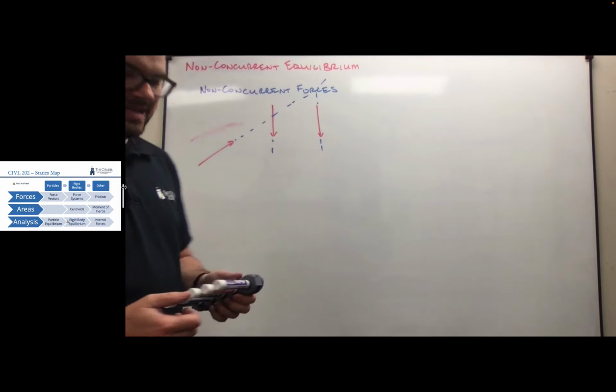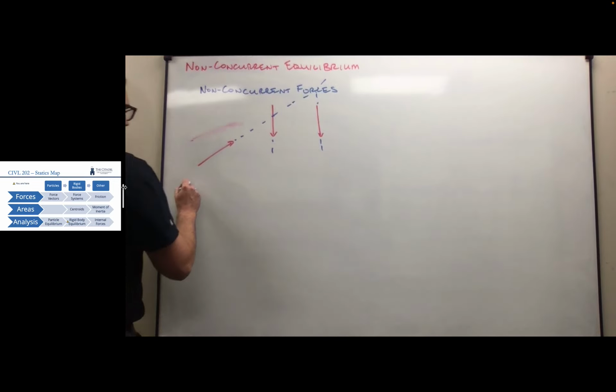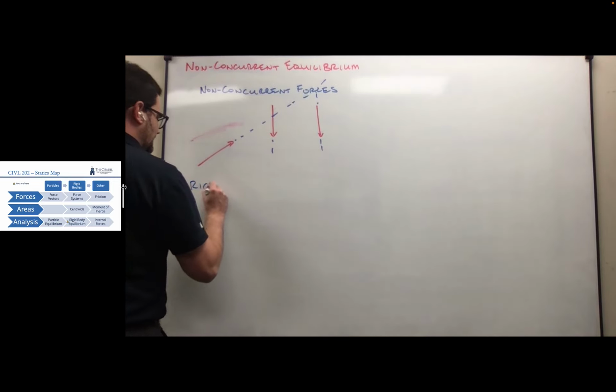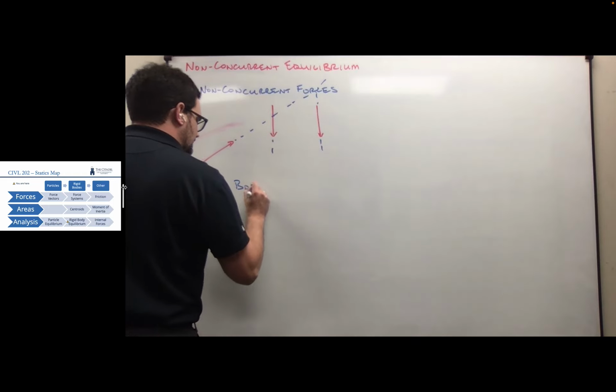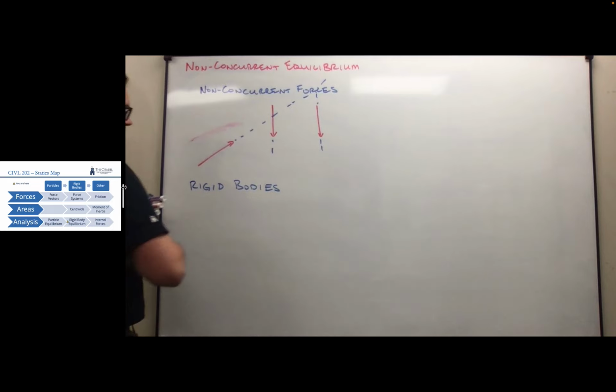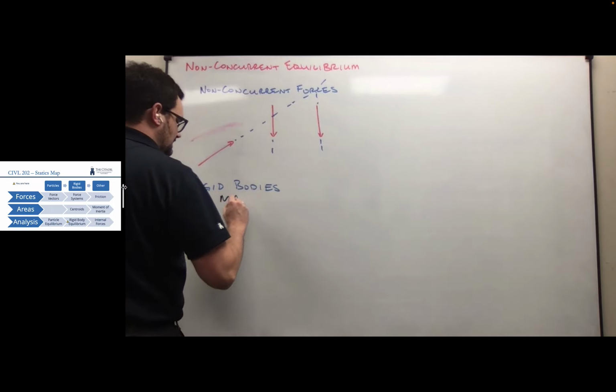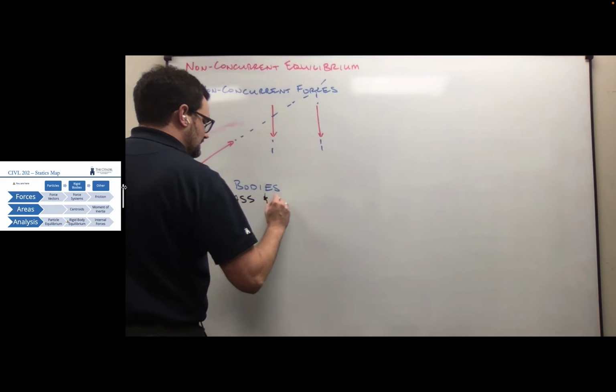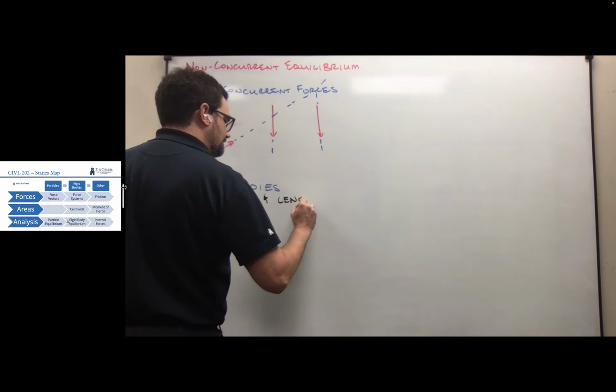What this means is that we can now model bodies as rigid bodies, where we are concerned primarily about the body's mass and length or shape.